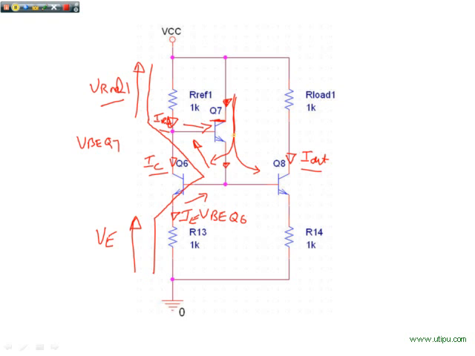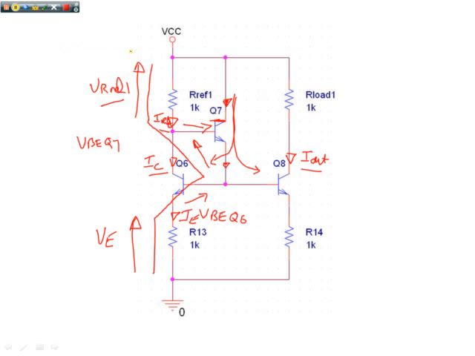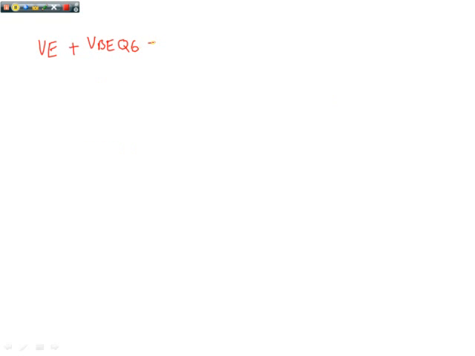Let's go to the sheet and put these calculations together. We're going to need to start off with VE plus VBE Q6 and Q7. VBE Q6 plus VBE Q7 plus VREF equals 0.